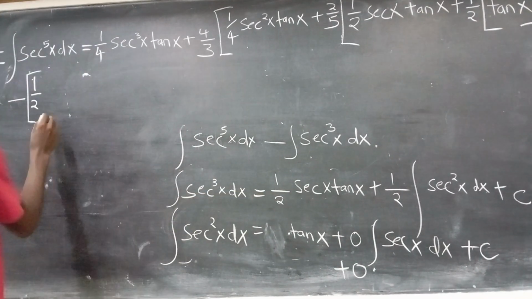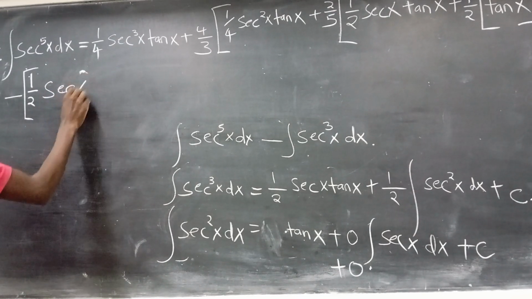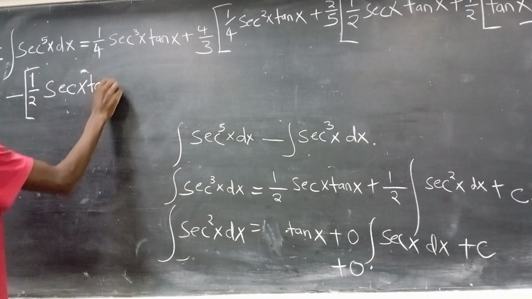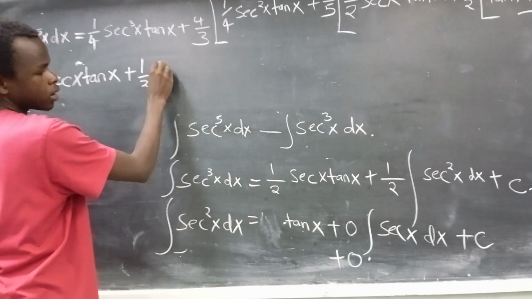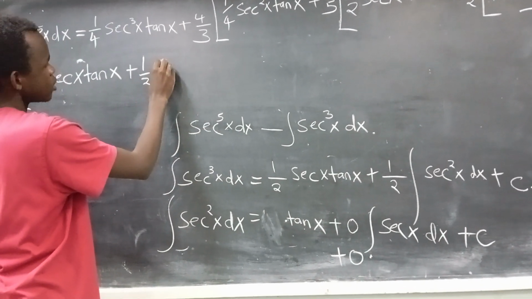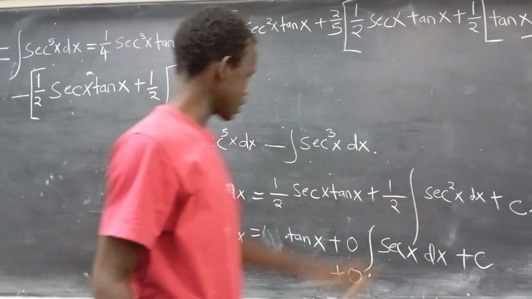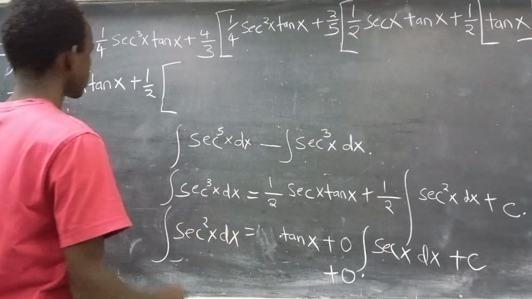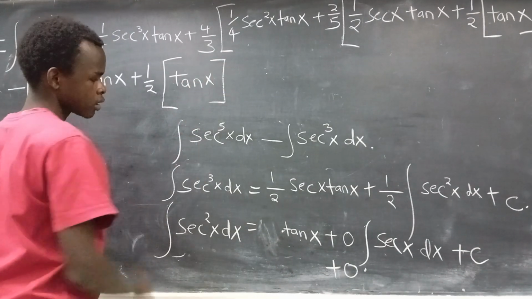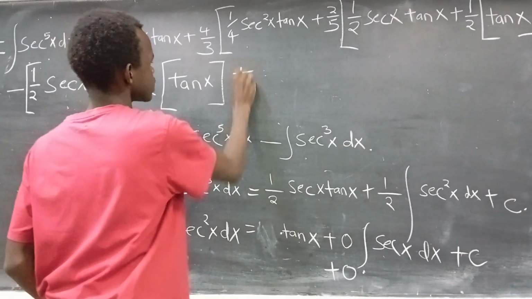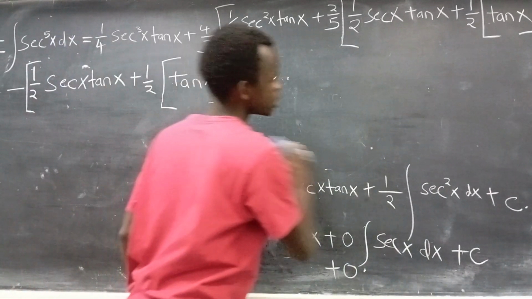Minus secant of x tangent of x plus a half into what's secant squared? Secant squared is the answer. Tan of x, plus a constant c. So that's our final answer.